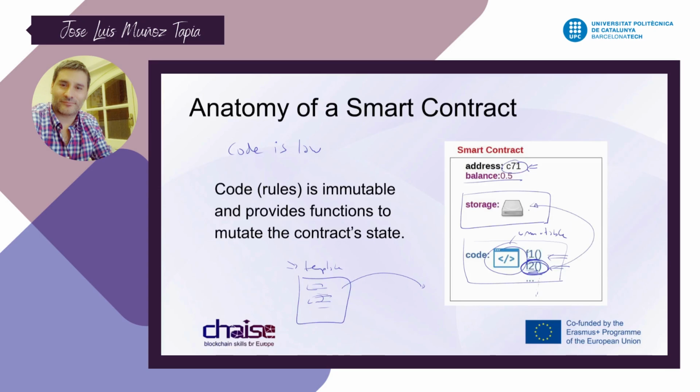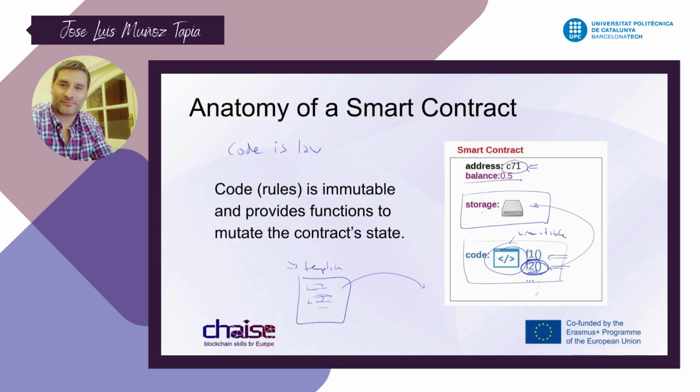The storage is like a persistent space in which the processing of a transaction can leave data that is going to remain after the execution of the transaction. We're going to see how to use storage in a moment.